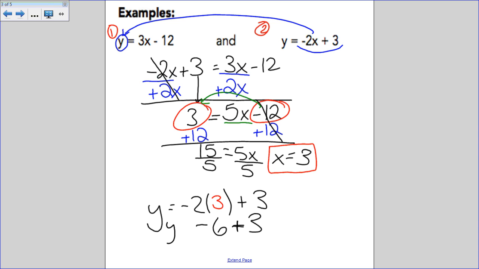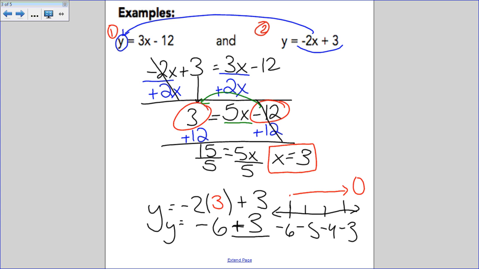That's a skill we need to work on a little bit here, adding a negative and a positive. For the sake of a number line, if I have negative 6, negative 5, negative 4, negative 3, as I'm adding something to a negative number, I'm getting closer and closer to 0.